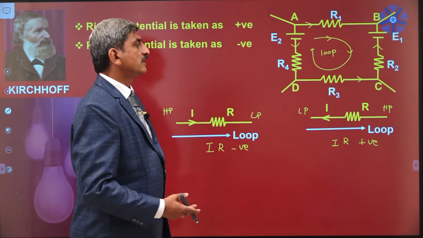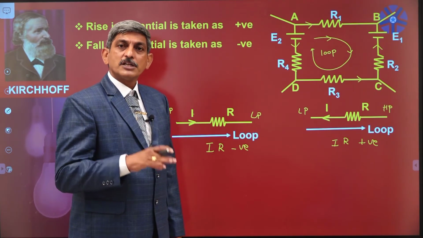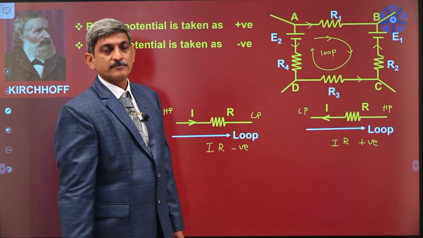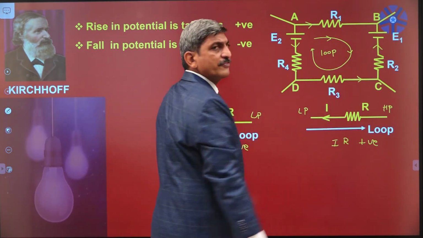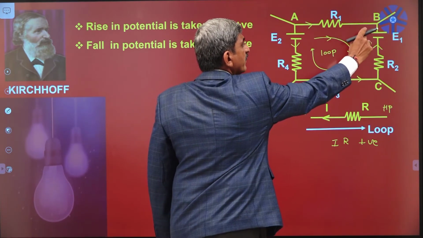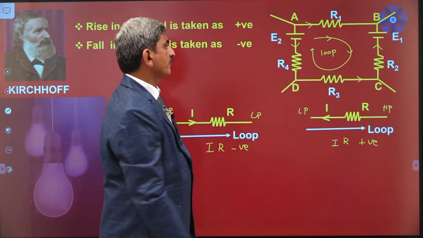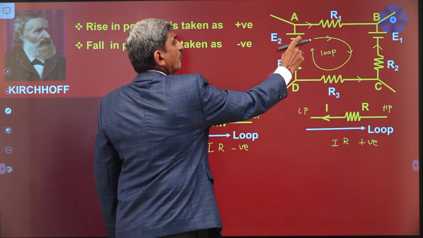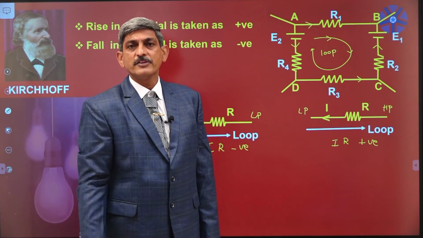Now come to finding the rising potential and falling potential in the case of batteries. If we see the first battery of EMF E1, whenever we are moving in the loop, we are moving from the positive terminal of the battery to the negative terminal of the battery. Whereas here, we are moving from the negative terminal of the battery to the positive terminal of the battery.